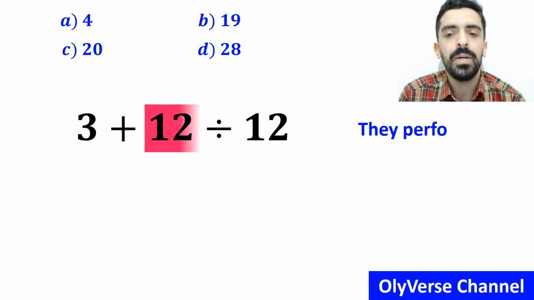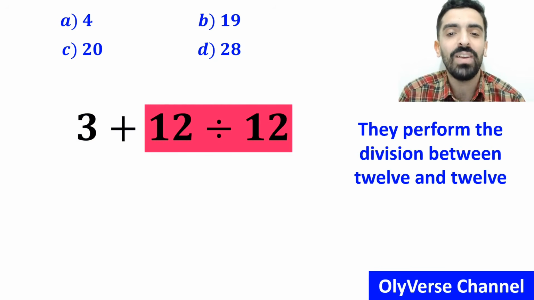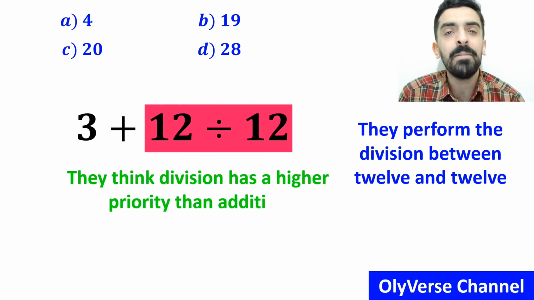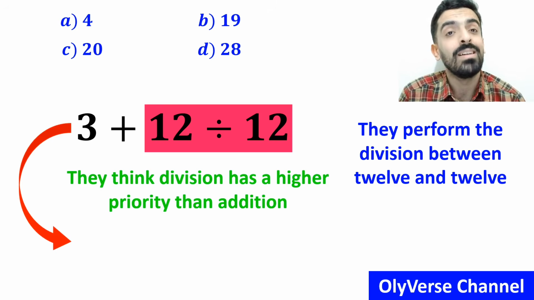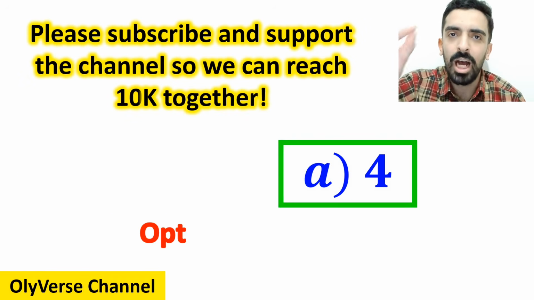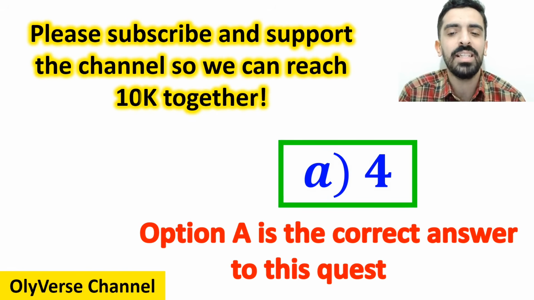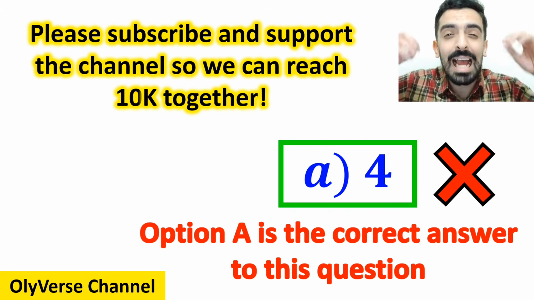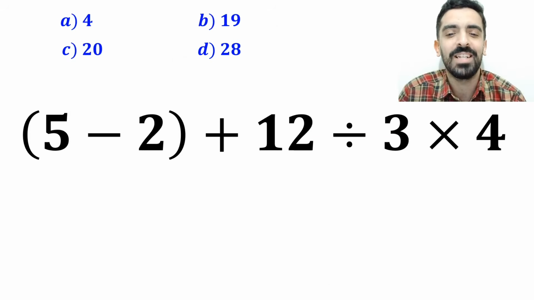And in the final step, they perform the division between 12 and 12 because they think division has a higher priority than addition. So, they simplify this expression to 3 plus 1, which ultimately gives them the answer 4. And immediately, they conclude that option A is the correct answer to this question. However, this answer is absolutely wrong.